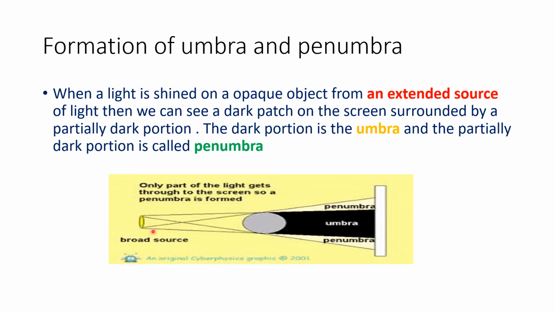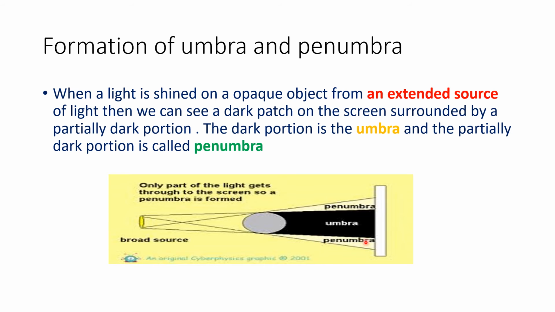Now from the sides of this, some light is able to come on this side and this side. So it will not be very dark. The central portion will be dark, but the sides will be partially dark. That partially dark portion is called the penumbra. So we have here a dark patch, the umbra, and on the sides we have penumbra.